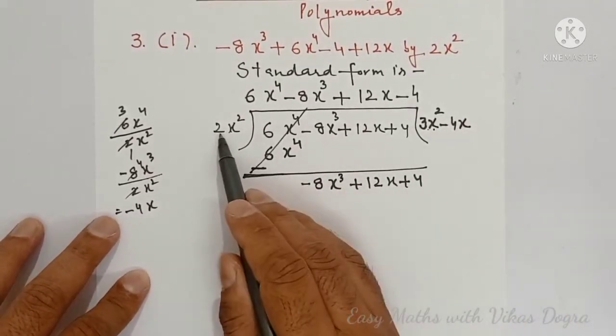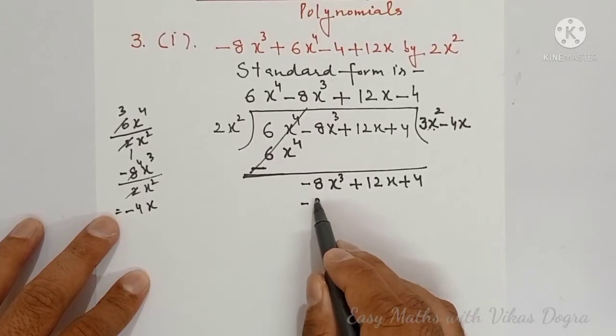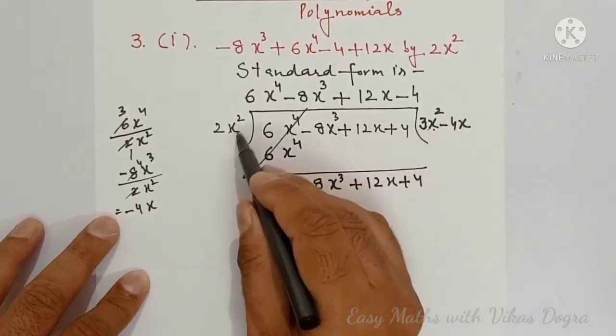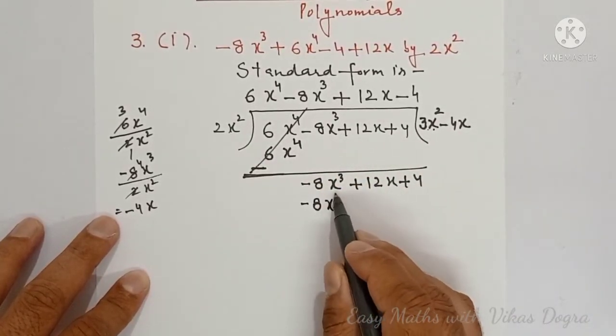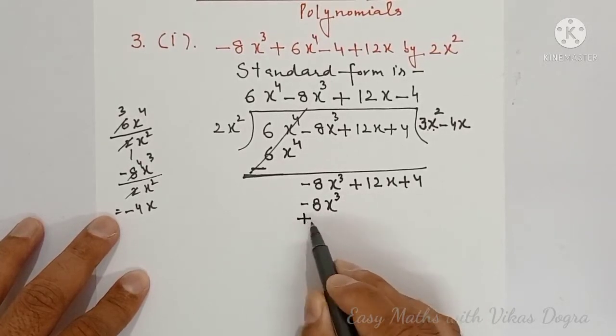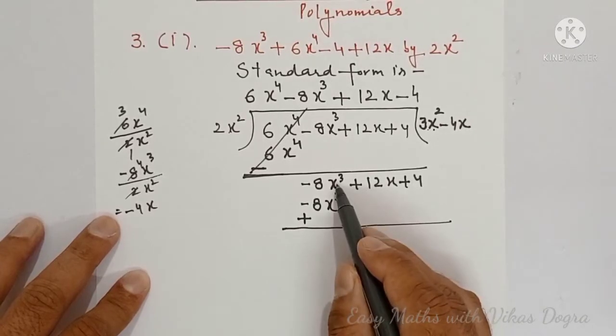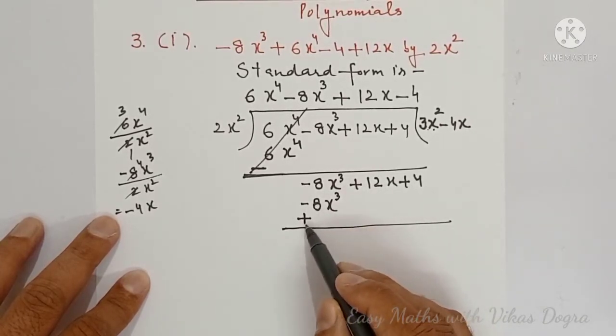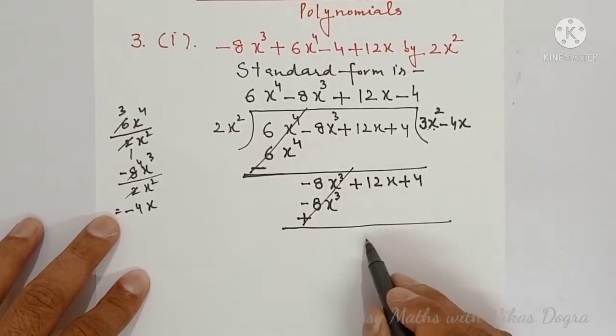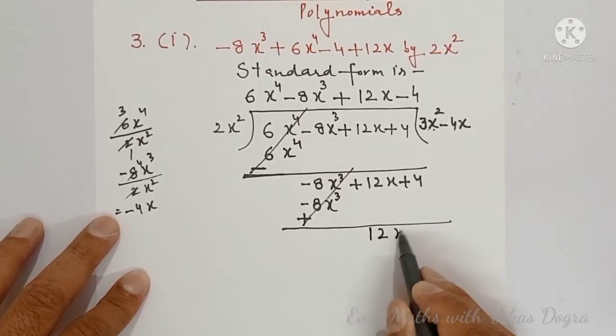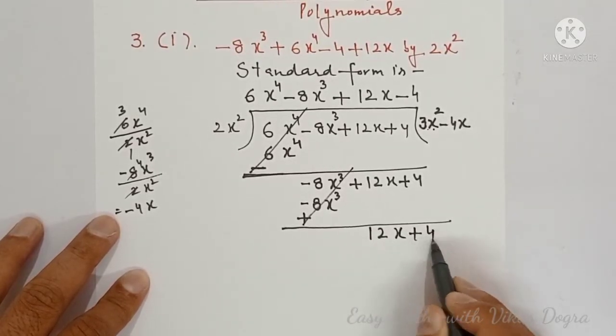Minus 4x will multiply 2x square. It will be minus 8 x power 1 and x power 2 is x cube. It will become plus because earlier it was of minus. 8x cube is of minus sign, 8x cube is of plus sign. They will be cancelled. 12x plus 4 is left now.